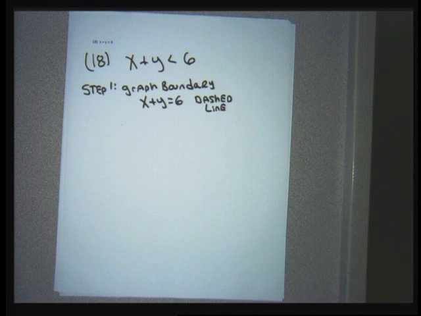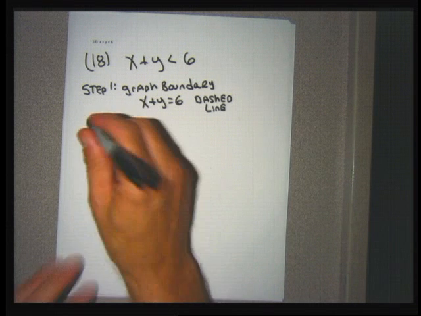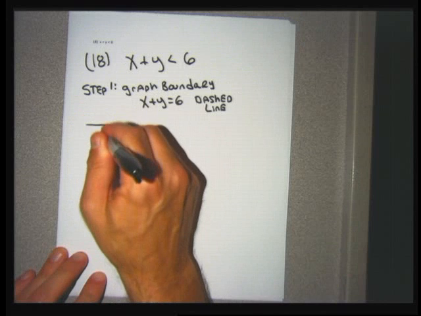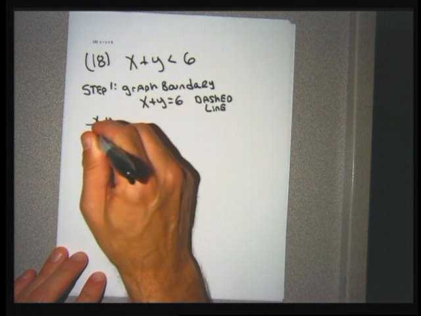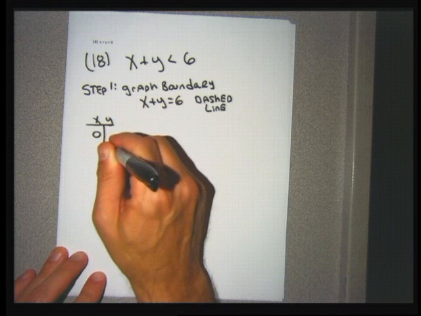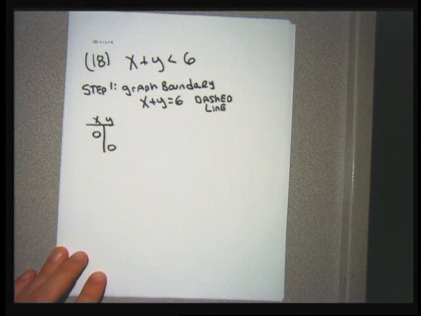And very specifically, there's lots of ways to graph this particular line. The best way to do the graph for this particular section is to find both the x and the y intercepts. And so I'm going to do that. I'm going to graph the x and the y intercepts by plugging in 0 for x and solving for y, plugging in 0 for y and solving for x.